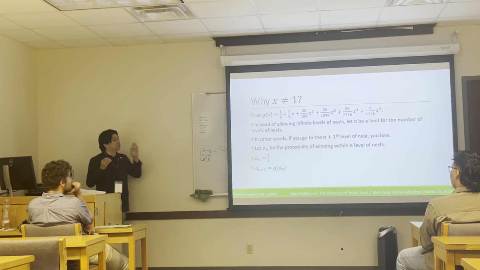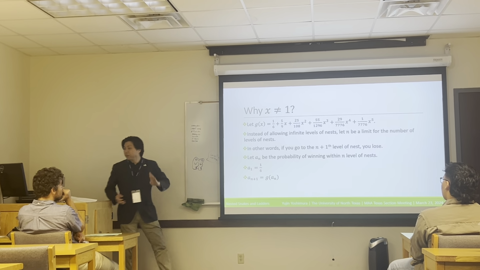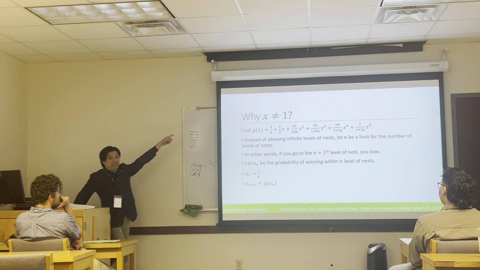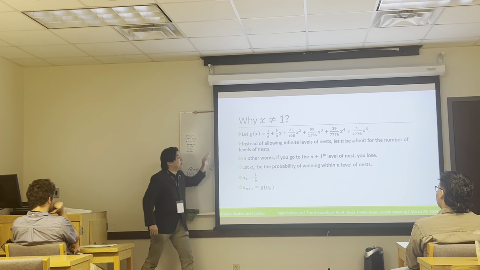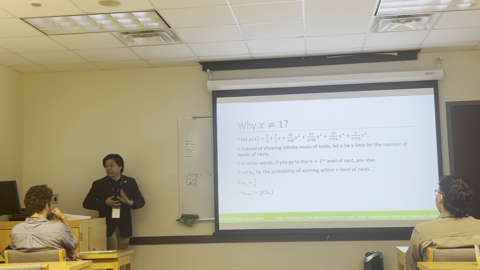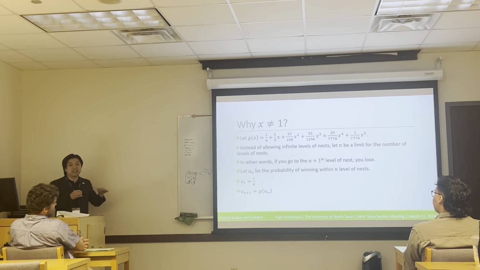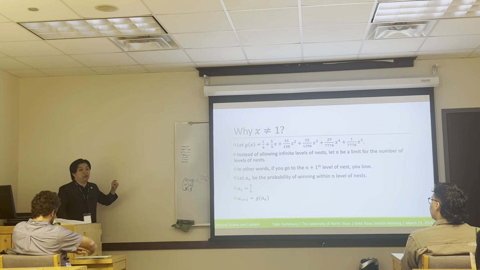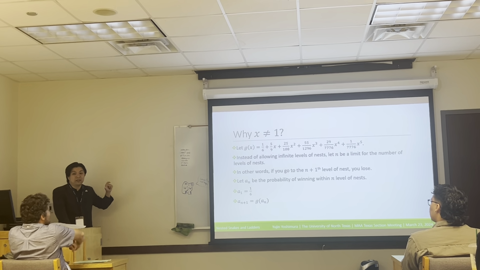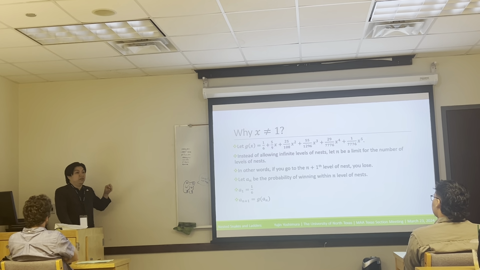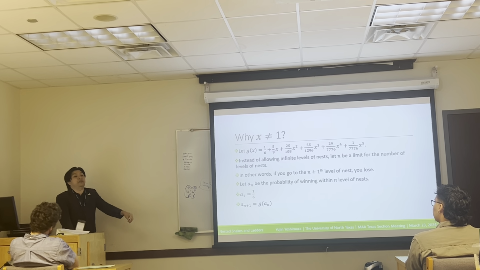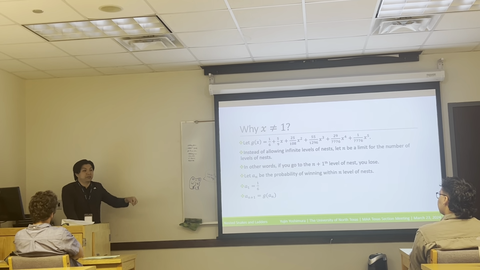Why? I have to justify. So going back to the setup of the quintic equation, I'll call it g of x. Instead of allowing infinite levels, I want to limit the number of nests. In other words, there's a level such that once you stop on a nest square, you lose.